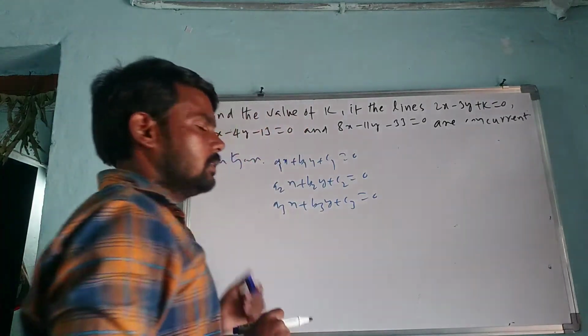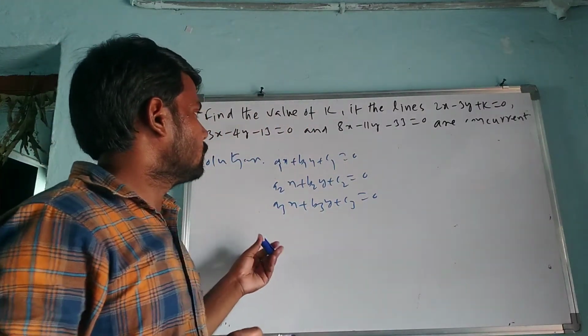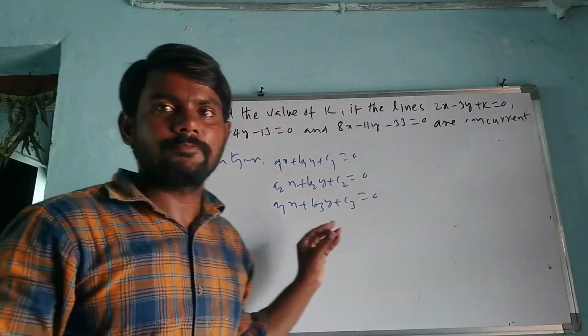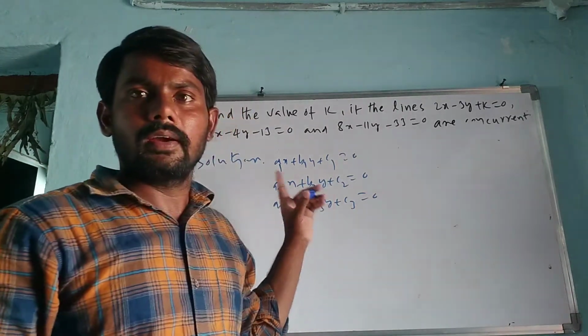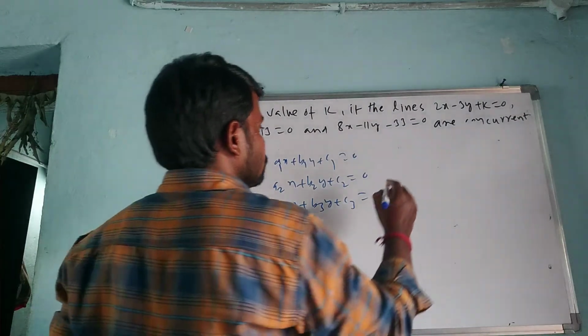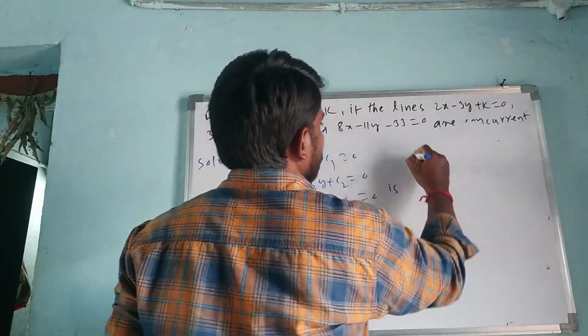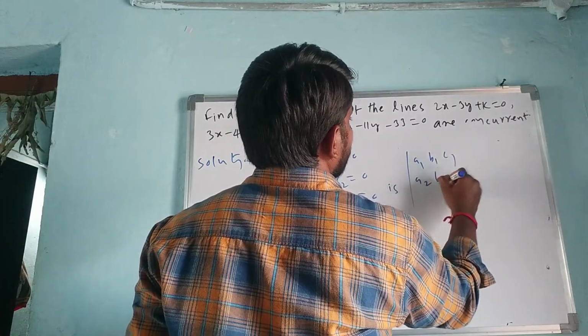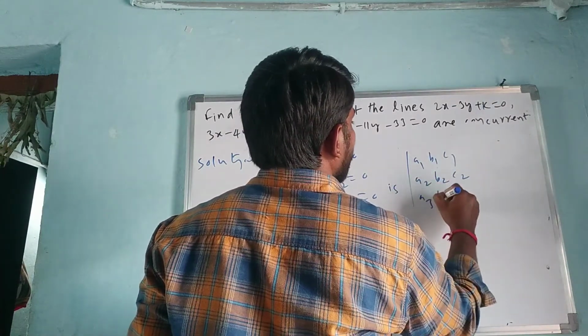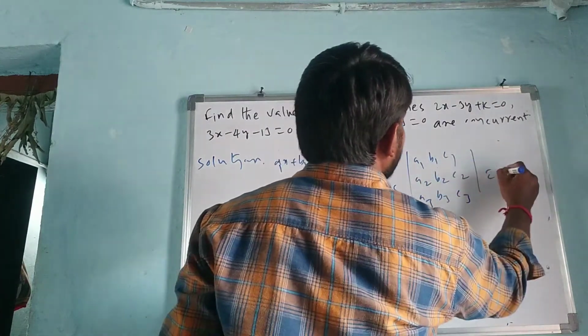Otherwise we can say that the necessary and sufficient condition for the 3 lines to be concurrent lines is the determinant of a1 b1 c1, a2 b2 c2 and a3 b3 c3 is equal to 0.